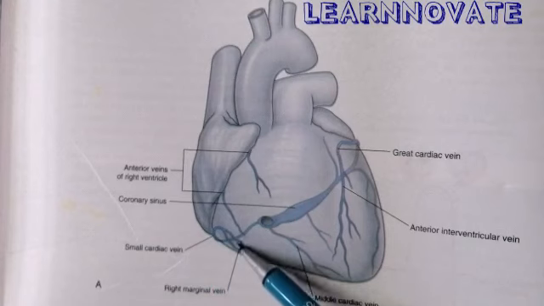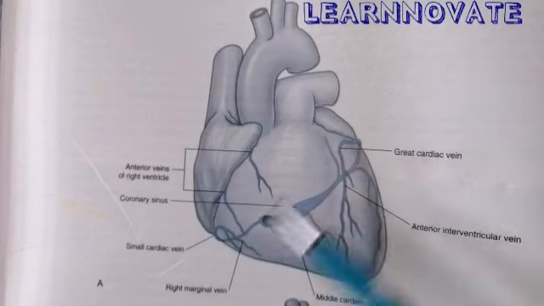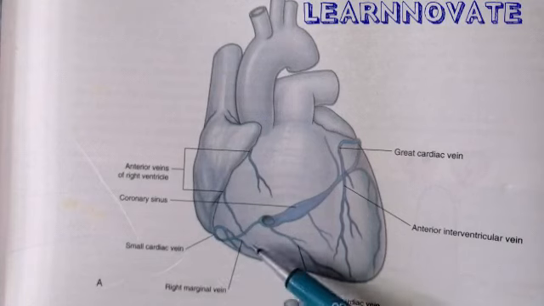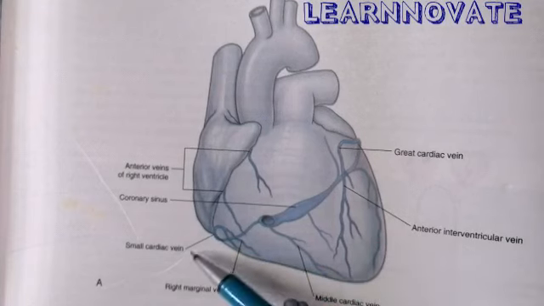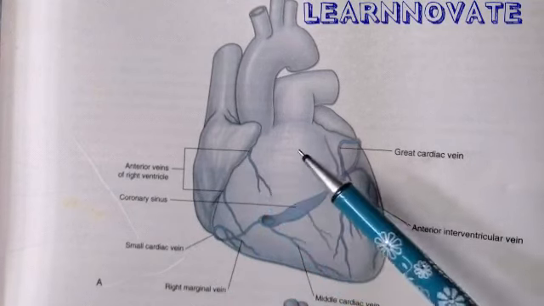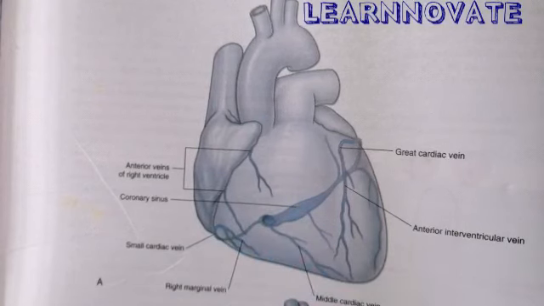Along its path, this small cardiac vein is going to receive the marginal branch of the right coronary artery, because this vein is going along with the right coronary artery. This small cardiac vein may go posteriorly to enter the coronary sinus, but mostly it will enter the right atrium directly. It does not end in the coronary sinus, mostly it enters the right atrium directly.